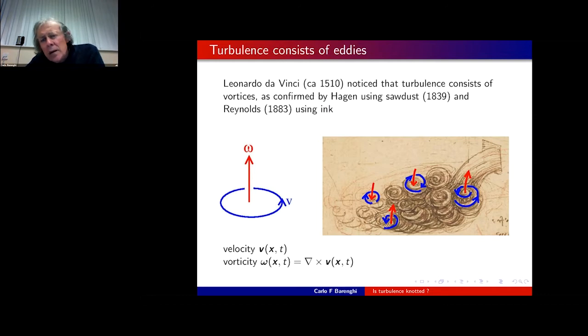So, the best visualization, however, can be obtained nowadays with numerical methods, because we can go there in time or space and represent what we want. And of course, we find in this case very good agreement with experiments, so they're quite reliable. And what is the governing equation of this turbulent flow, which, for example, is represented in Leonardo's picture?